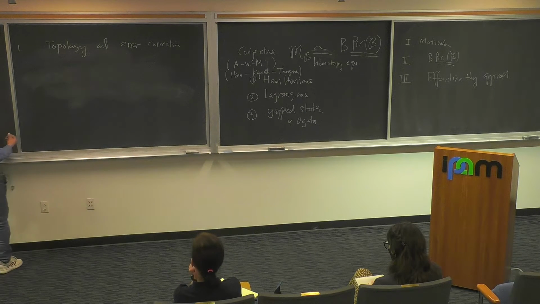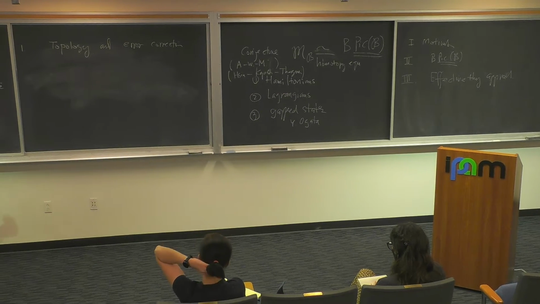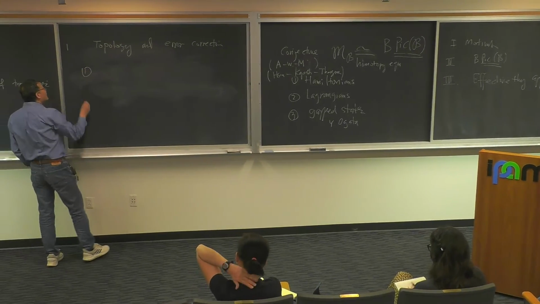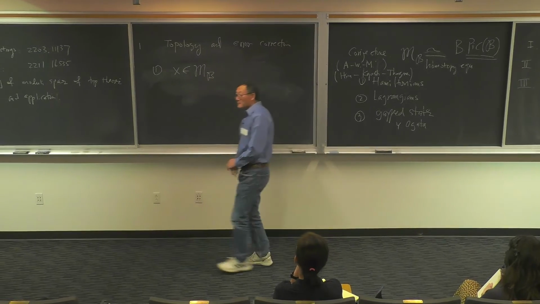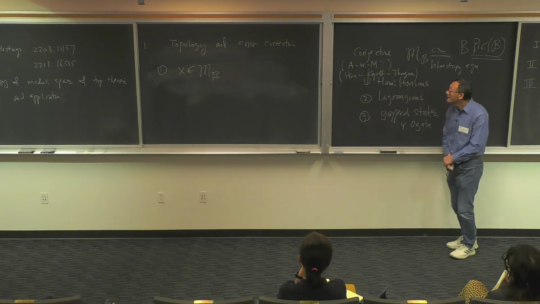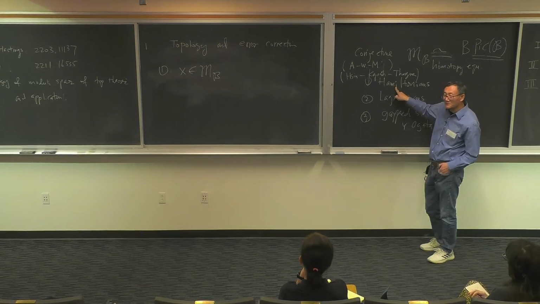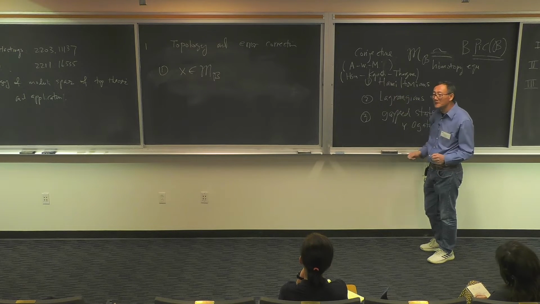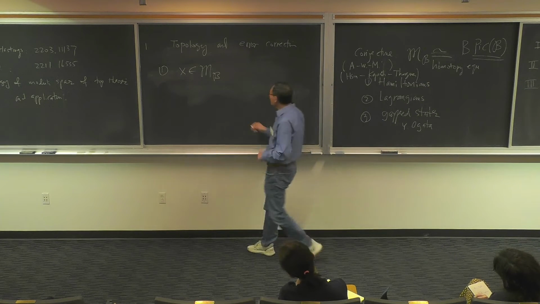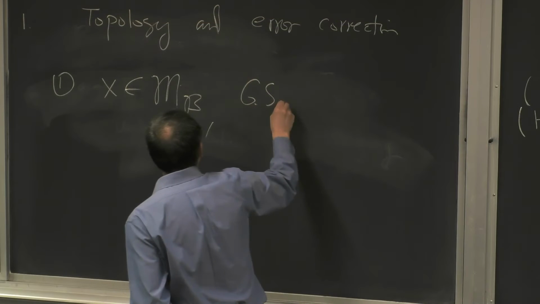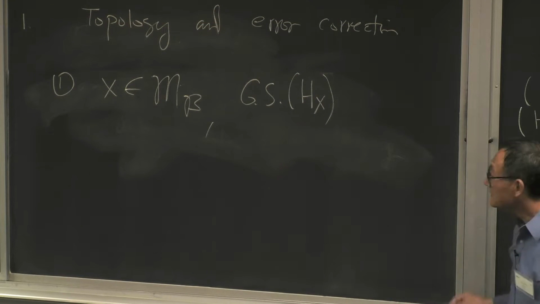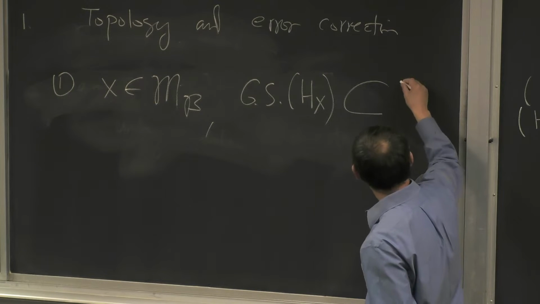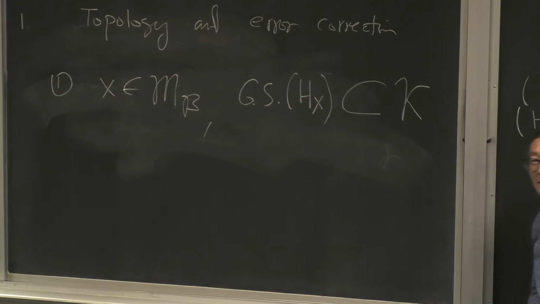And you can make this into mathematics by doing the following. If you take any point inside this moduli space, let's take the first point of view. I realize this by a Hamiltonian. And then you will have a ground state of your Hamiltonian inside some local Hilbert space.